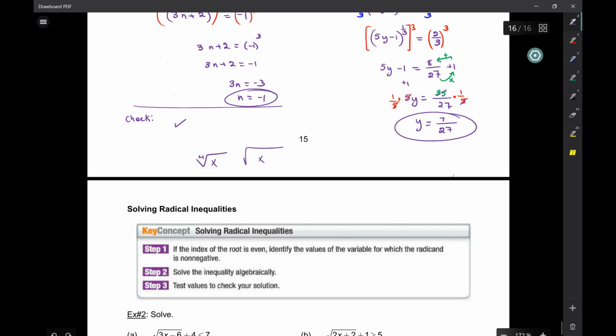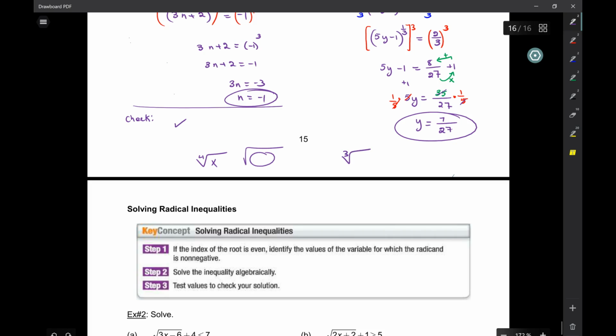Yeah. Can I put a positive number like a 10 inside? Yeah. Can I put a negative 10 inside? No, right? Can you have the square root of negative 10? No.